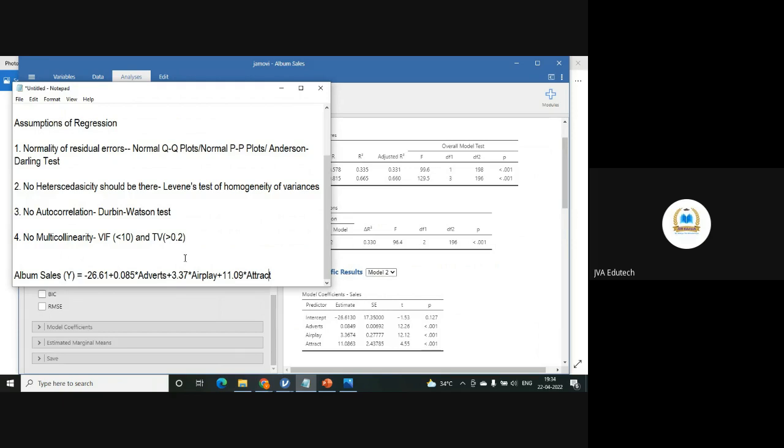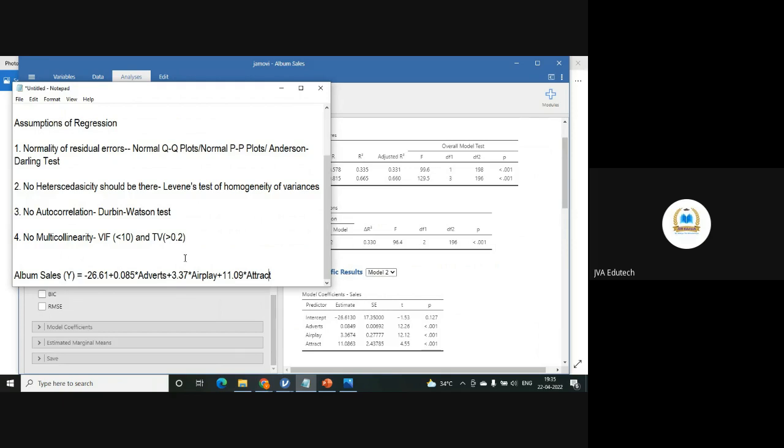Then it is telling that if you increase the airplay by one more time, then 3.37 units of album will be sold, meaning 3,370 albums will be sold. One more time, if you play the album on radio, it will increase sales by 3,370 albums. If attractiveness of the band is increased by one unit, it will lead to 11.09 units of album sold. That is 11,090 albums sold.